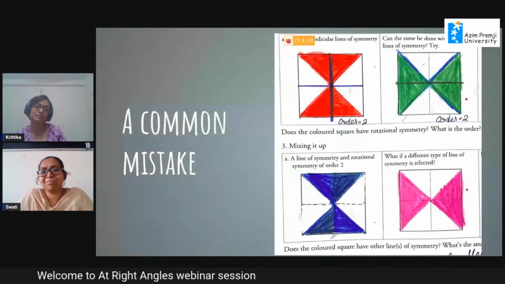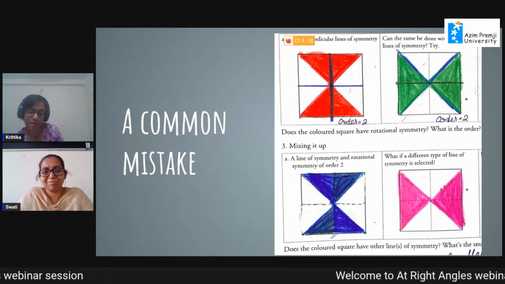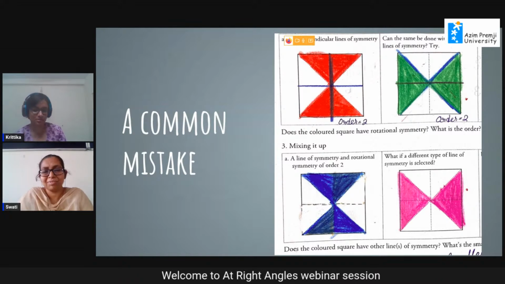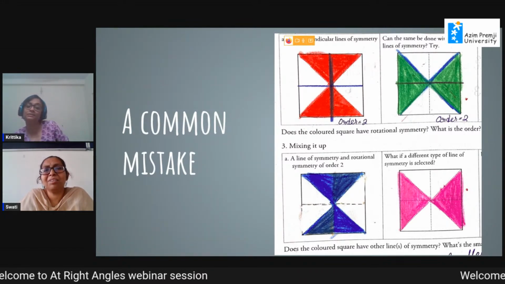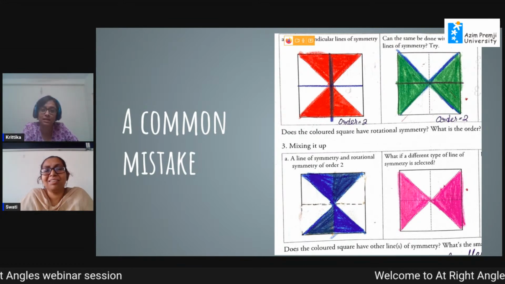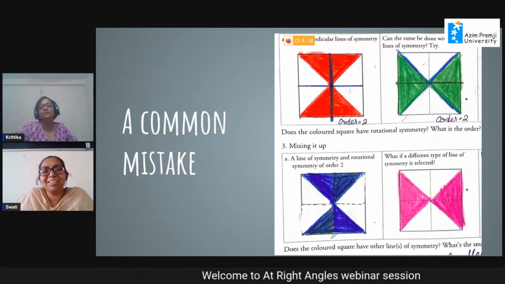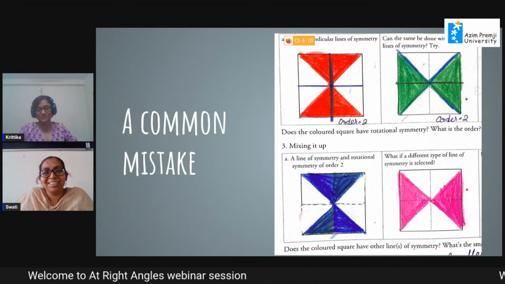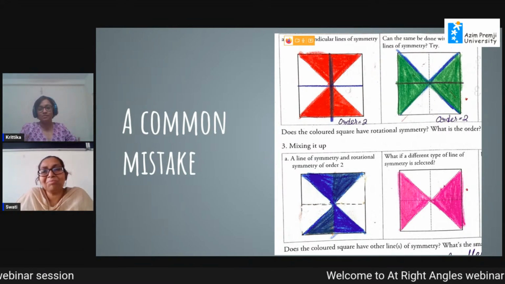Okay. Then this is a common mistake which I have observed in many worksheets. Here, the same thing, the multiple lines of symmetry. When we were asking them to change the line of symmetry, they just rotated the squares, it seemed. They did not change the line of symmetry. So this is one common error.